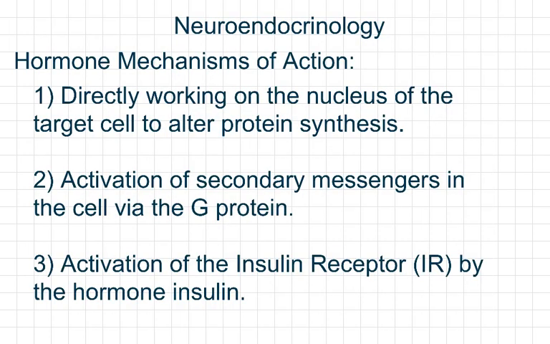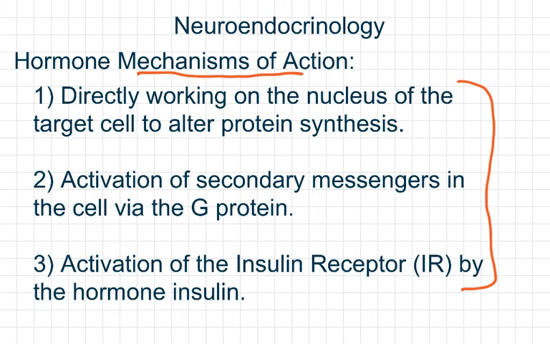There are some key take-home messages I want you to learn with these hormone mechanisms of action. The first is the hormone receptor interaction triggers cell signaling events within the cell. We discussed that with all three of these mechanisms. The second is that changing the concentration of a hormone, whether it's the number of receptors on the surface of the cell or the affinity or the sensitivity of the receptor to the hormone itself, influences the magnitude of the hormonal effect.